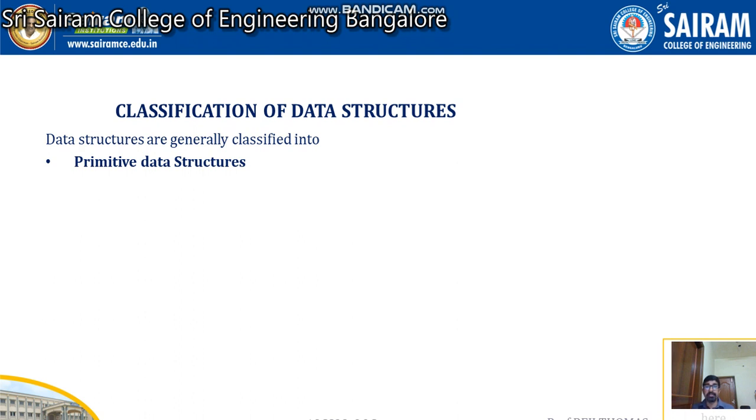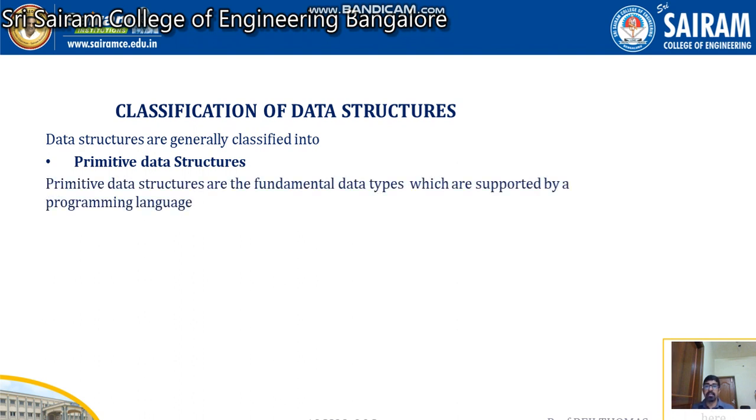We have integers, characters, and floating point types. Primitive data structures are fundamental data types, as I told, basic data types which are supported by the programming language. Or another way you can say is that these data types we can manipulate using your machine code or your programming language. That is primitive.